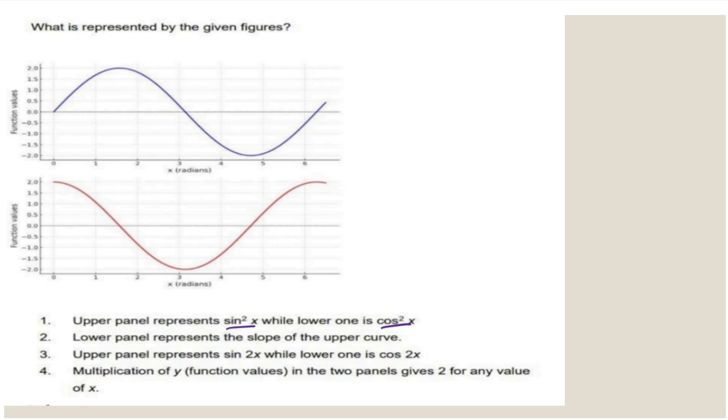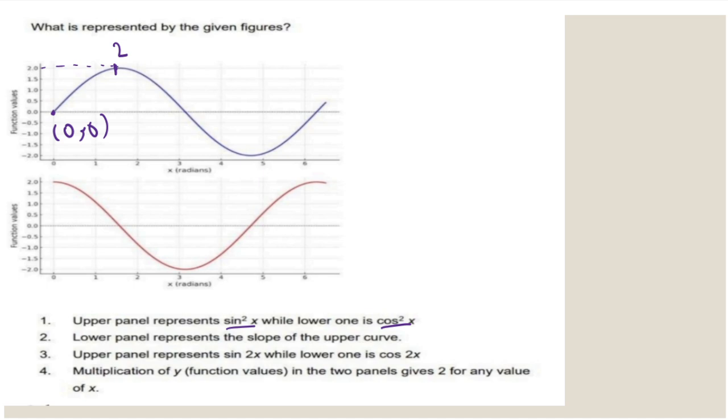Let's see the first figure. You can see the blue line starts from the position 0, 0, correct, where x and y are both 0, and it reaches the top where y is 2, correct.